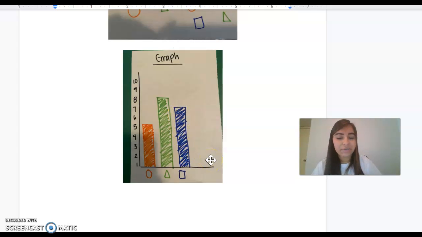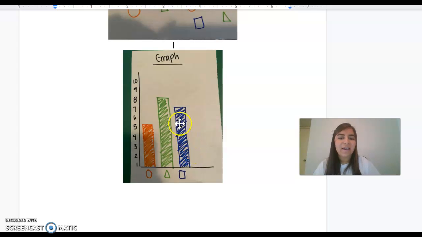So when I look at this graph, I see that I have less circles than I have triangles or squares. So I have fewer circles. Then I notice that I have more, or the greater number, of triangles, okay? So the number of triangles is greater than the number of circles or squares.